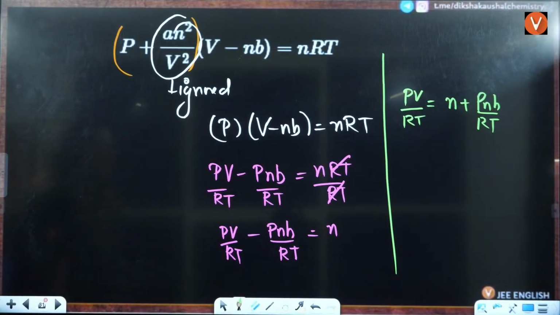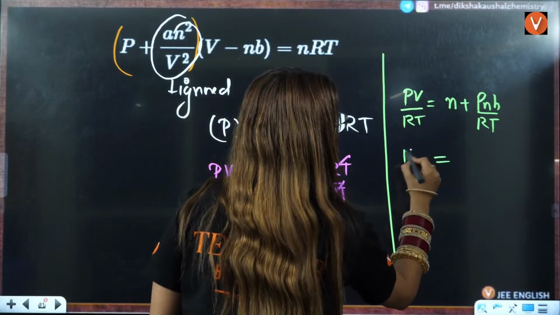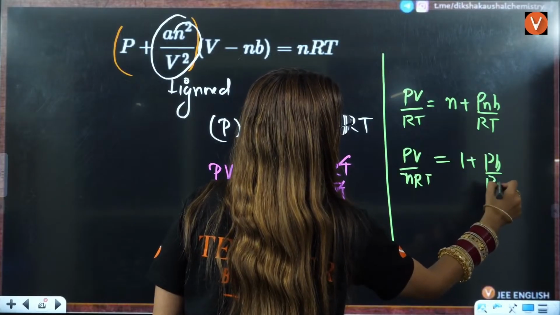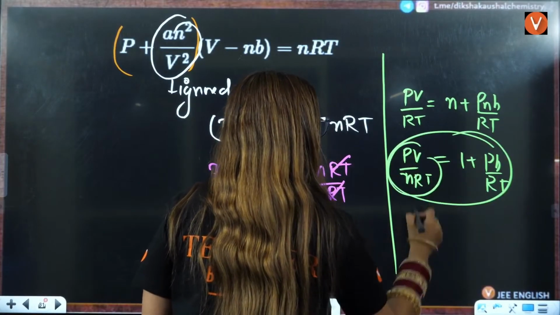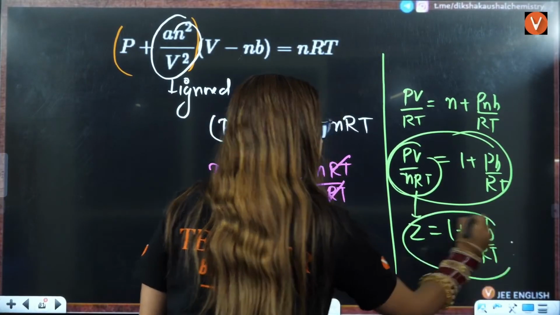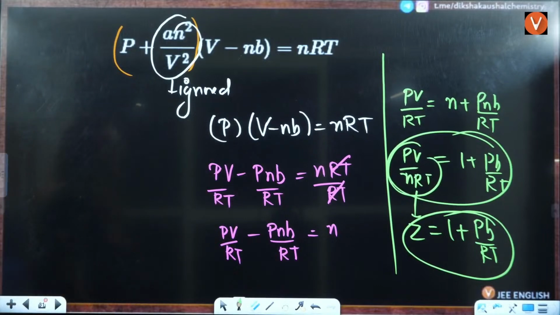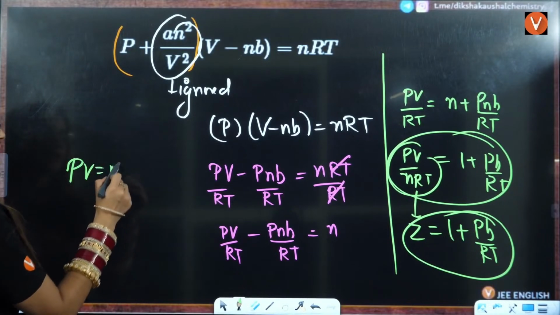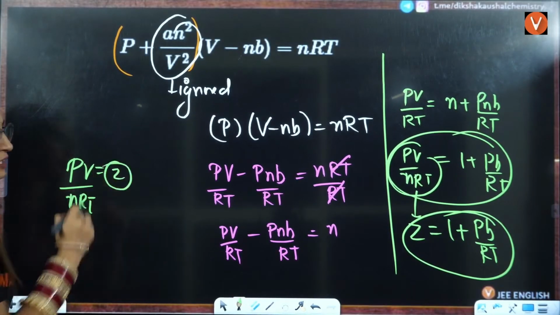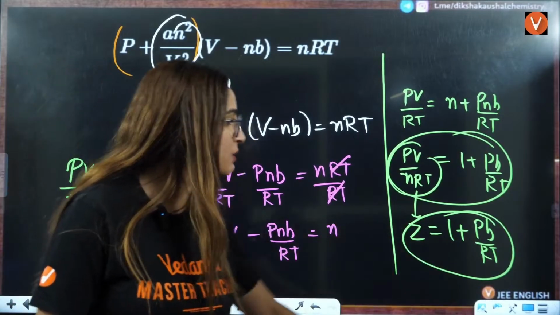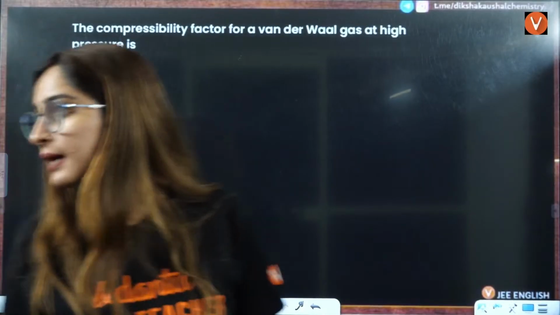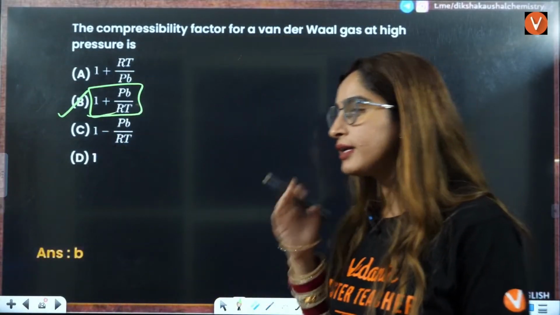This should give us the answer, because you can take n common, PV by nRT. Then it will be 1 plus Pb by RT. That is your compressibility factor, Z equals 1 plus Pb by RT. Basically, PV equals nRT is the ideal gas equation, and PV by nRT is your compressibility factor. So B is the correct answer here.